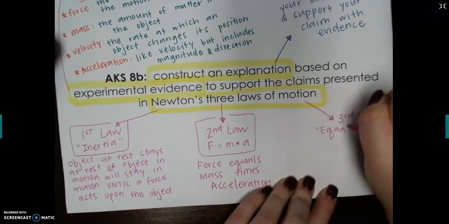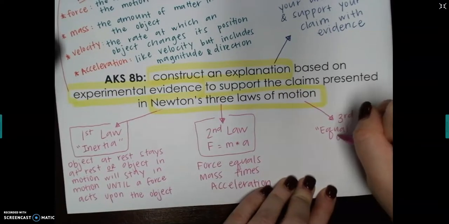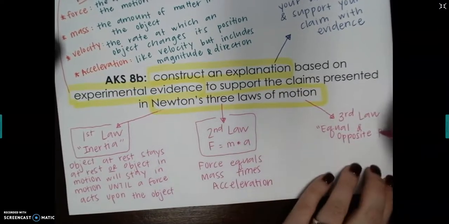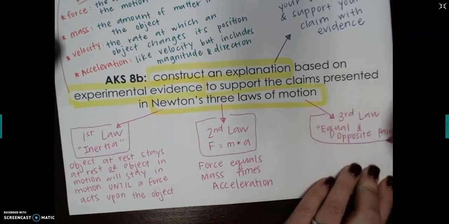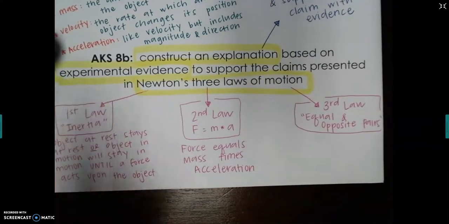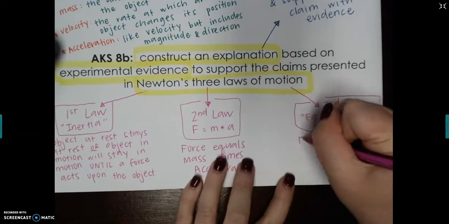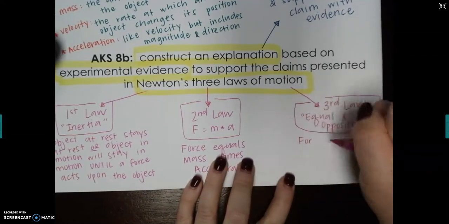Equal and opposite pairs. And then we'll make our little header box around it, like that. So our third law states that for every action, there is an equal and opposite reaction.